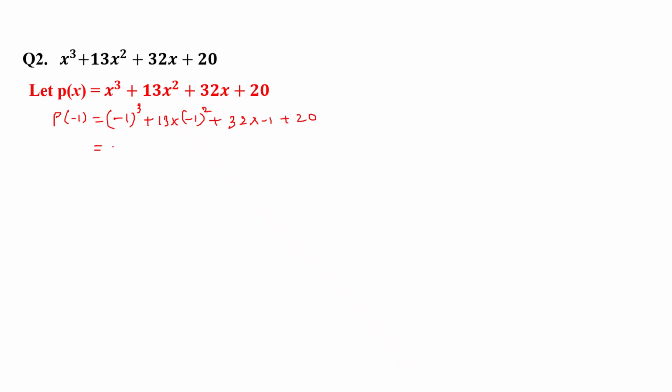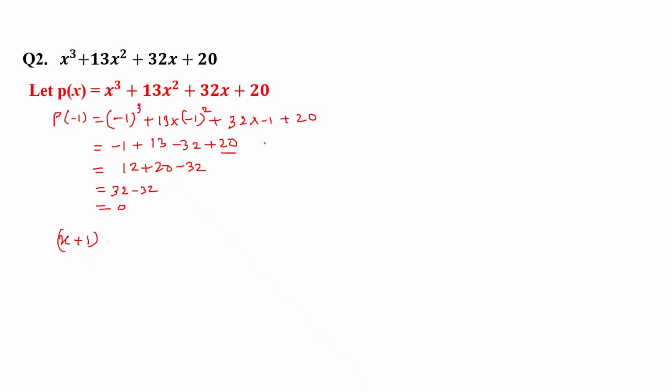So from here you will get minus 1 plus 13 minus 32 plus 20. Minus 1 plus 13 will give you 12, and bringing this plus 20 here, 12 plus 20 is 32, minus 32 gives you 0. So now one of the factors will be x plus 1.